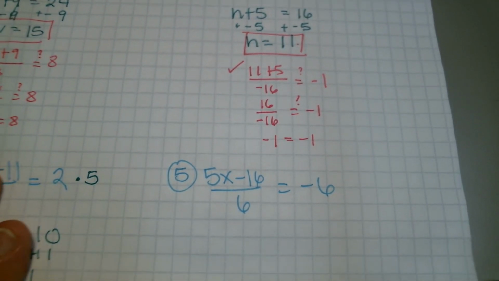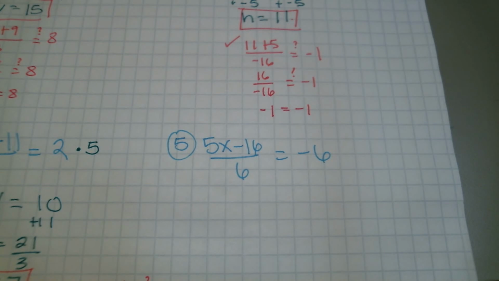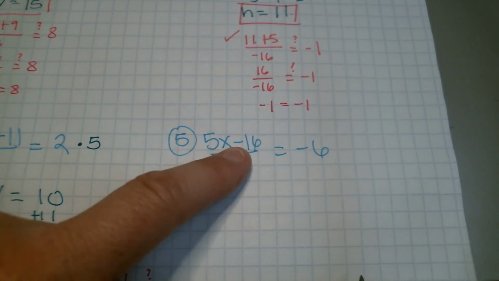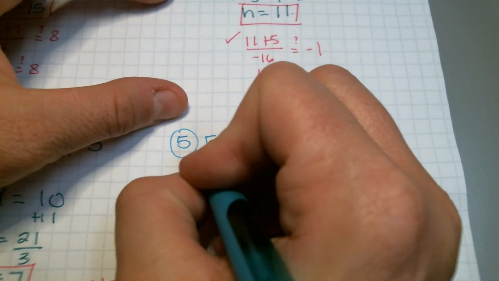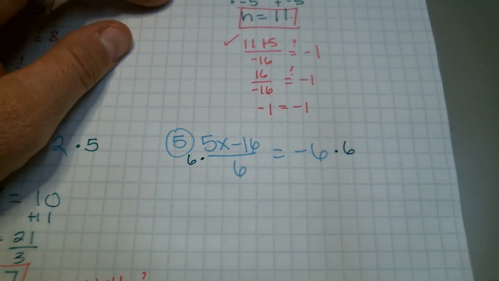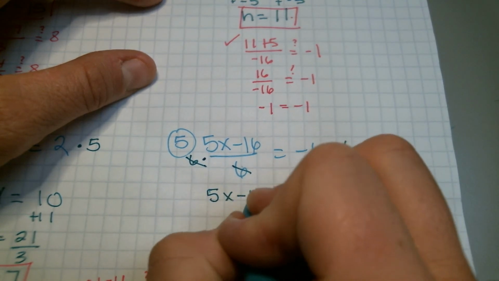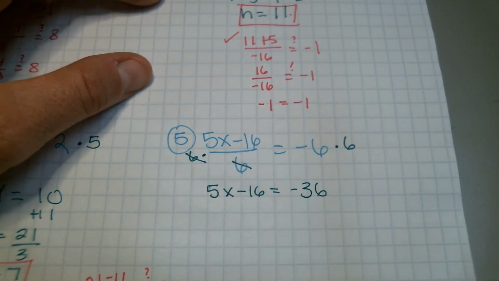All right, last example. 5x minus 16, divide that by 6, and the solution is negative 6. Just like the previous one, we've got this slightly more difficult expression in the numerator, but I'm still just going to multiply both sides of my equation by the 6 in the denominator. This cancels. I get 5x minus 16. Negative 6 times 6 is negative 36.